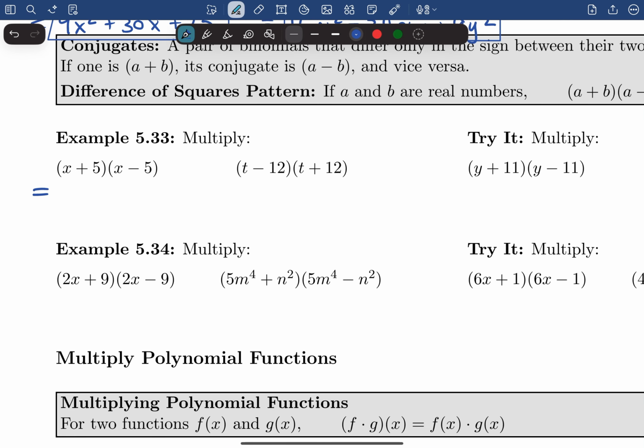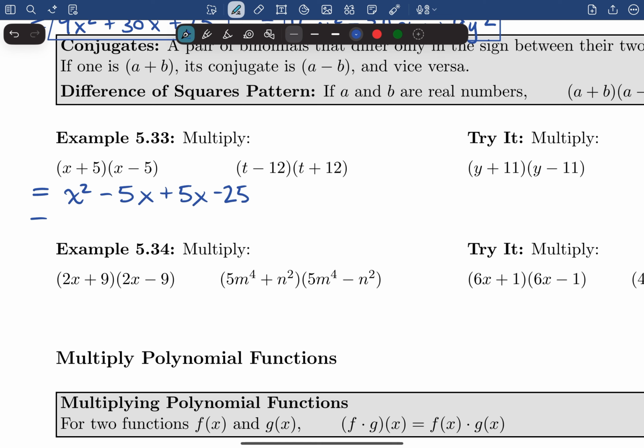When we multiply conjugates together, if I see x plus 5 times x minus 5, I see these are conjugates: x and 5, plus between and minus between. So I start foiling. X times x is x squared. X times negative 5 is negative 5x. Positive 5 times x is positive 5x, and positive 5 times negative 5 is negative 25.